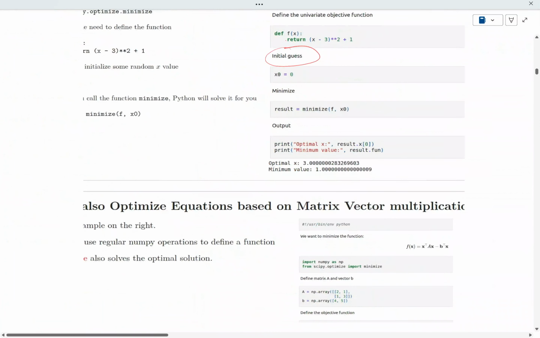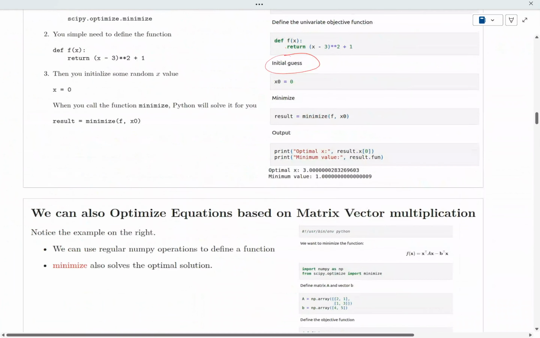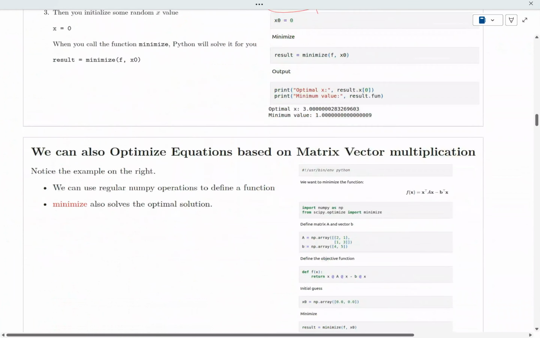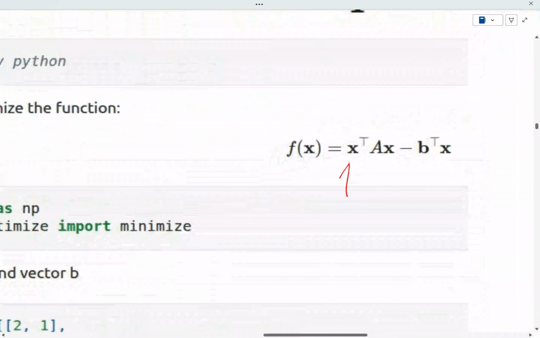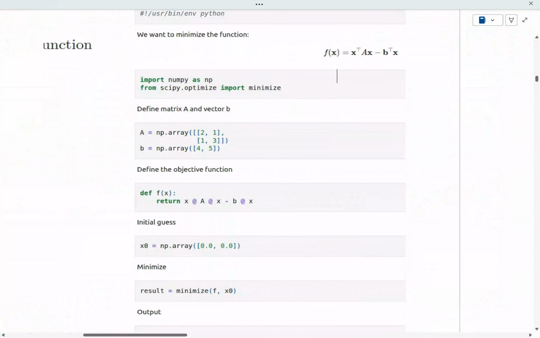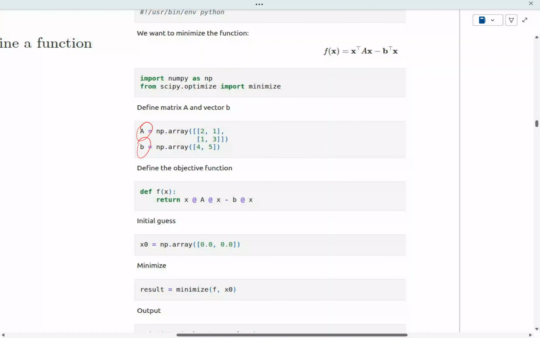Okay. Now this example is a single variate. x is a single variate. But what if we have a more complicated case where x is a vector? Well, this actually solves it as well. You can also have a, b, and then you can essentially define the function.